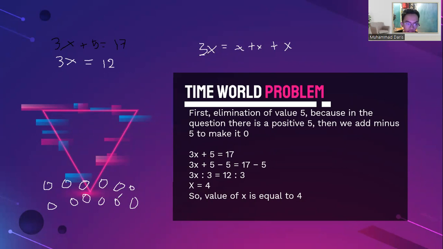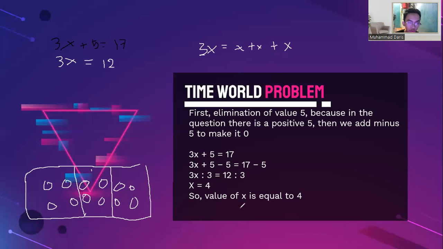3x, we can divide it by 3, like this. We can draw the box, the 3 boxes, and we put the 12 things into each of the boxes, and each thing must have the same value.